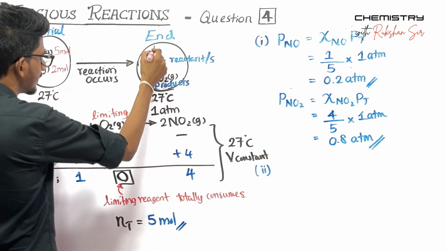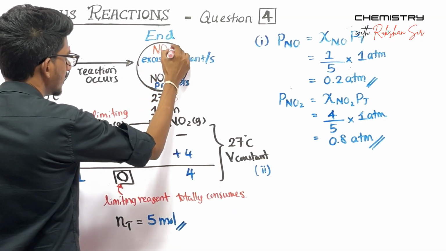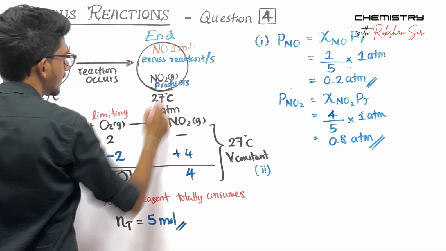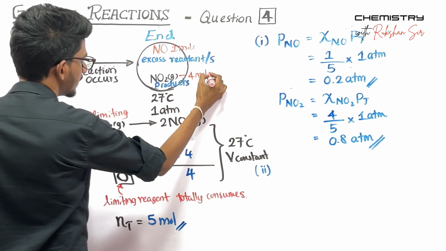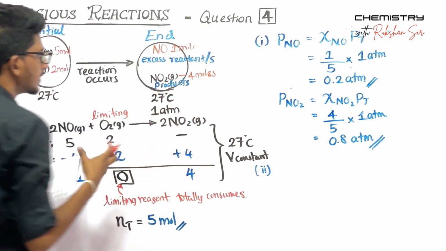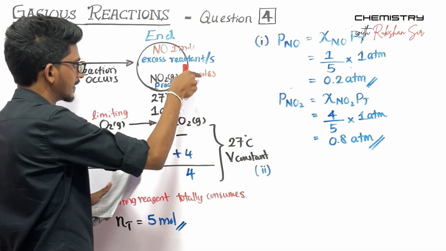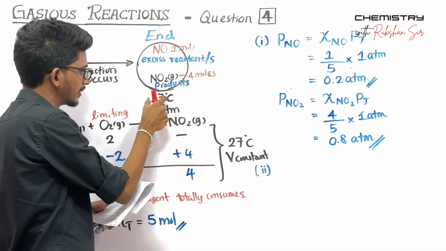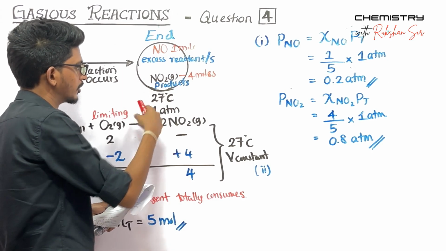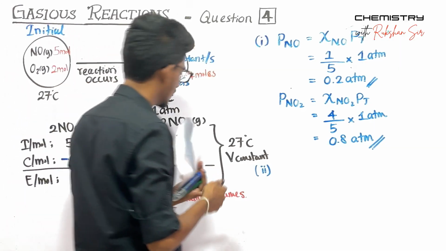The NO is remaining with 1 mole here, and NO2 with 4 moles there, right? So total number of moles is known, temperature is known, pressure is known. So for the total system, 3 variables are known. That means you can find the missing variable.